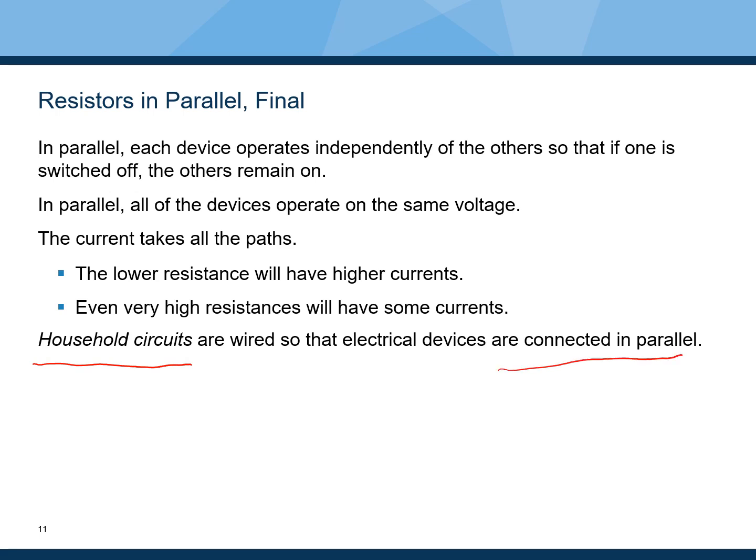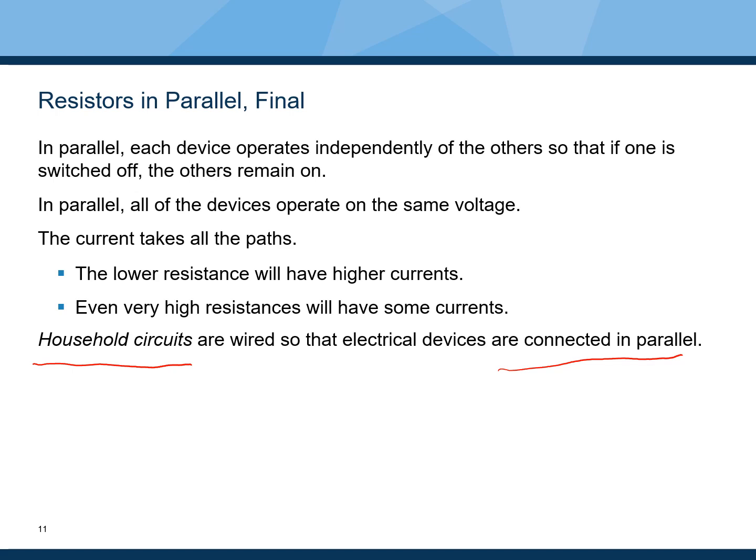The reason for that is very simple. When multiple devices are connected in parallel, the voltage across each of those devices remains the same. And you must have noticed that all the devices that you deal with are all rated at 110 volts, because 110 volts is the amount of voltage that is promised to be supplied out of the outlet in your homes or in the office.